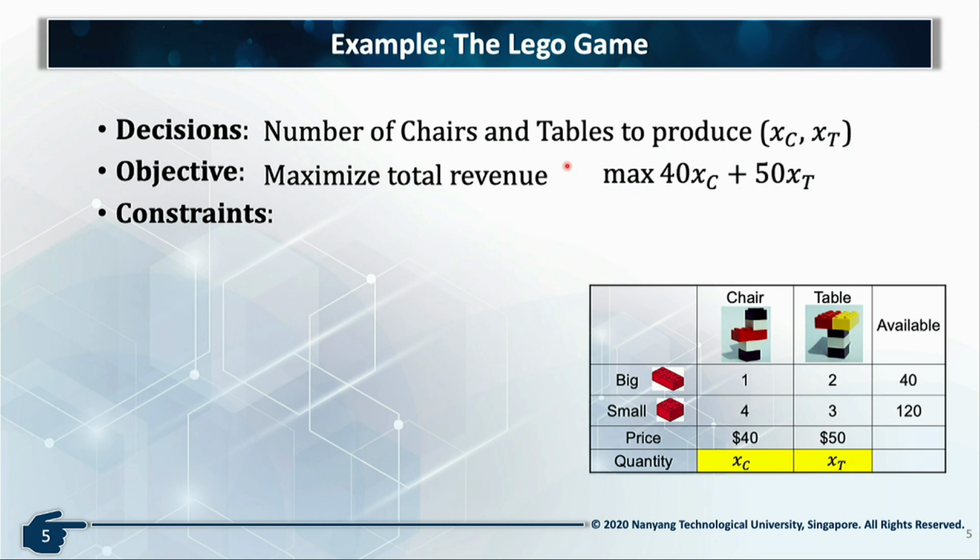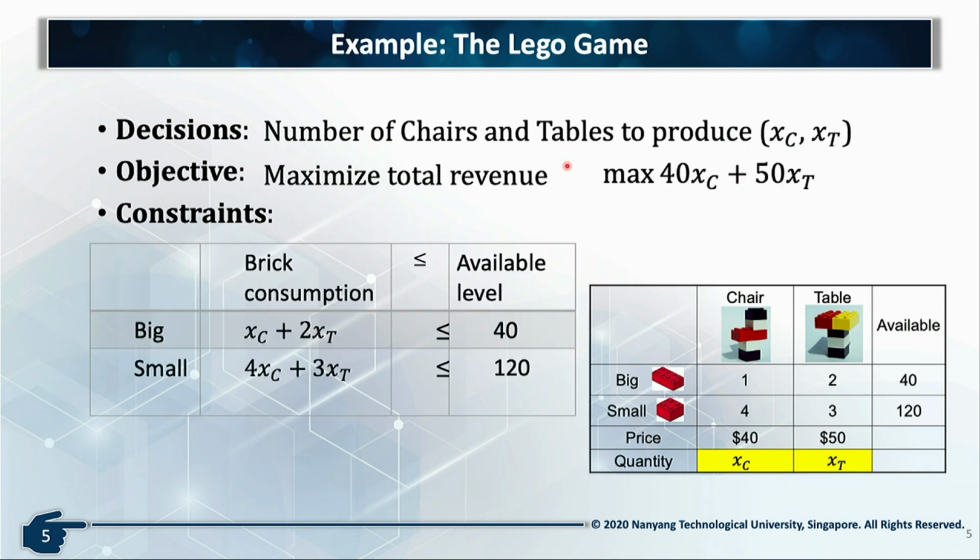So that comes to the constraint part. That means you cannot produce as many chairs as possible because you only have limited resources to conduct this production plan. Right? So the simple constraint is when you consume those bricks by producing these chairs and the tables, the total consumption of those bricks cannot exceed the total available bricks. Right? Intuitive? Very good.